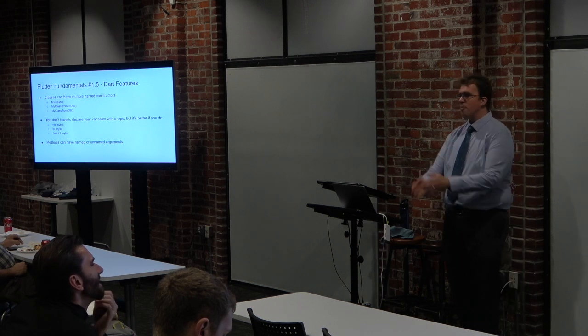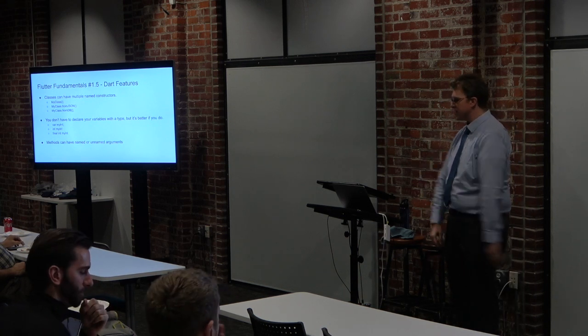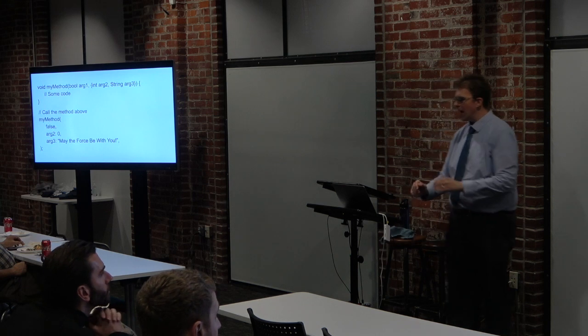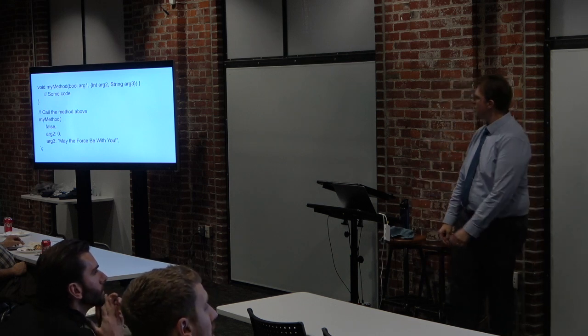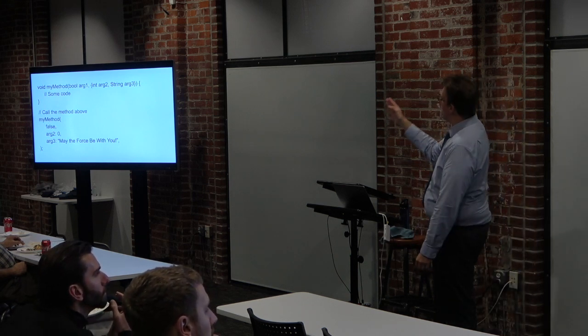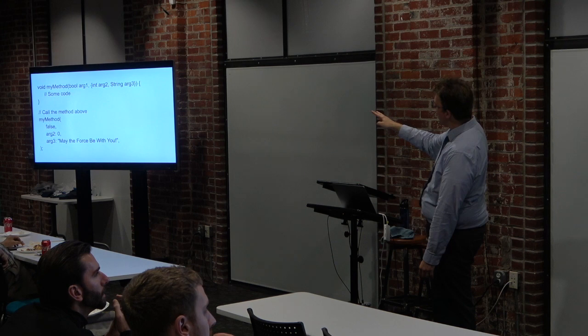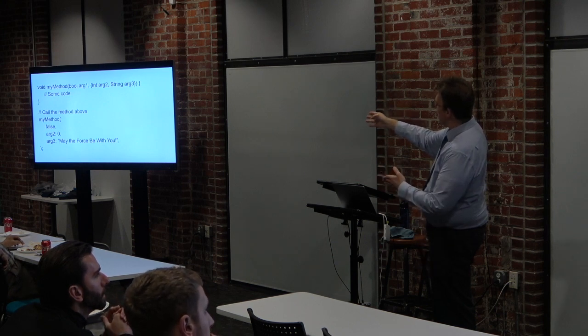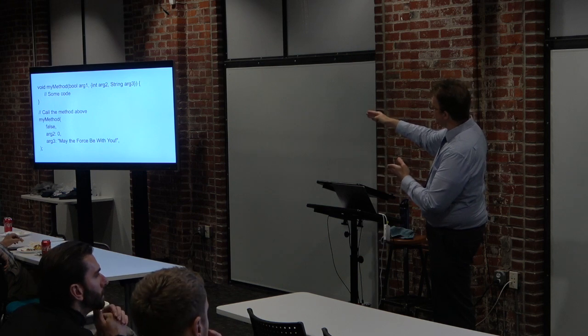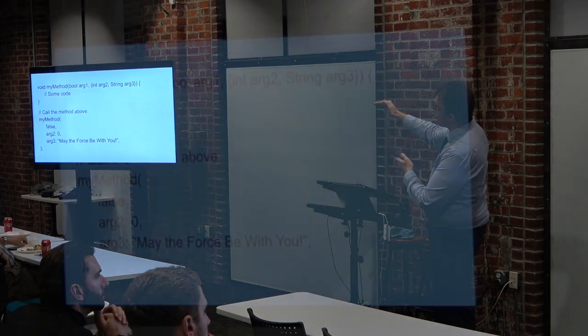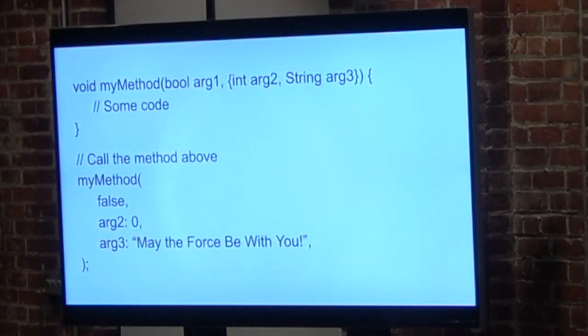And then methods can have both named and unnamed arguments. So examples of that, if you look at the first function definition at the top, the first argument there is an unnamed argument, and the second two are named arguments. So when we call it, we put our unnamed value first, and then we put our named values with a colon after it, and that's how we pass that in.